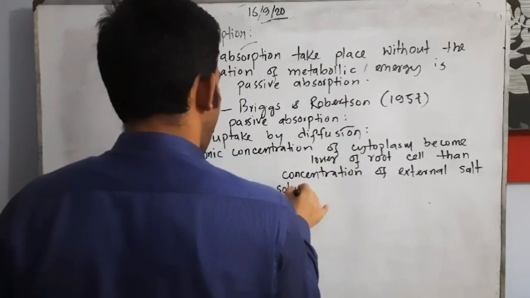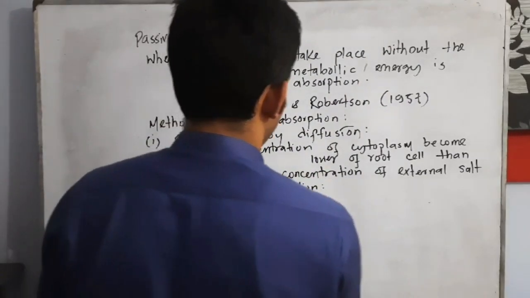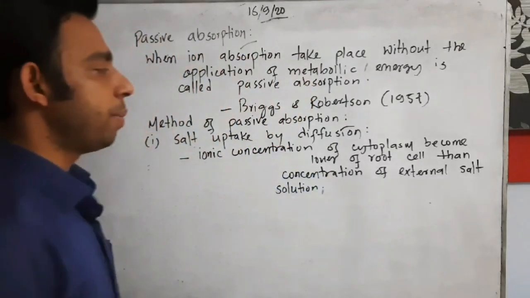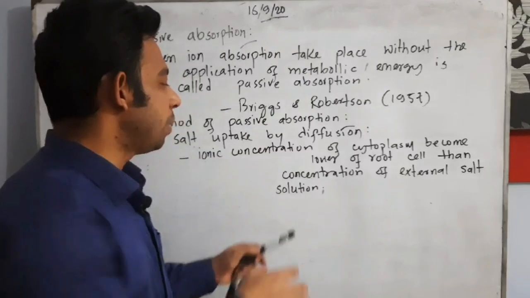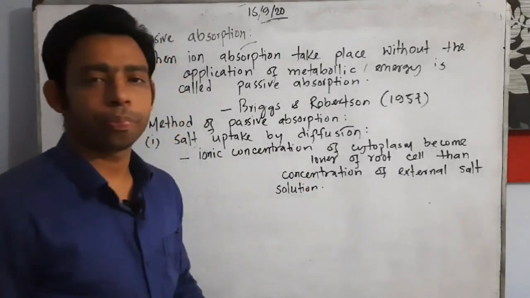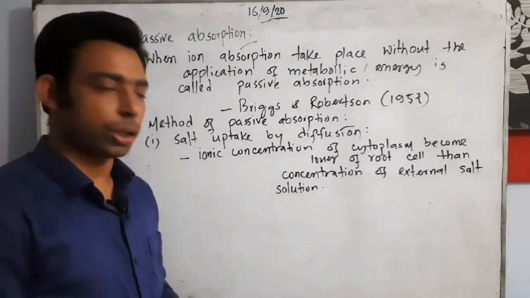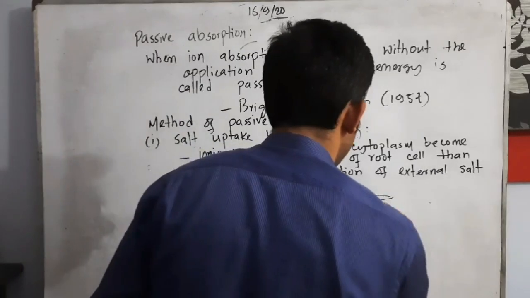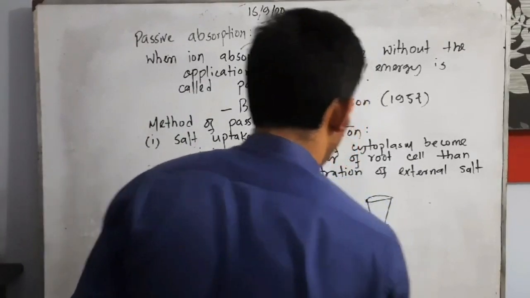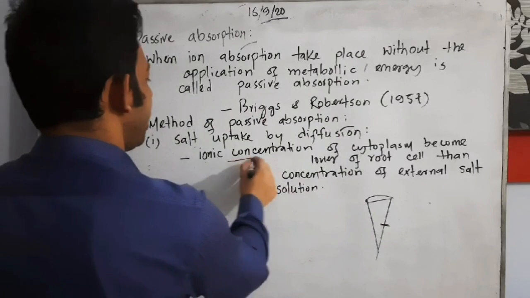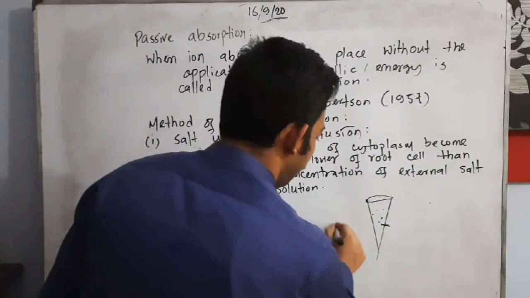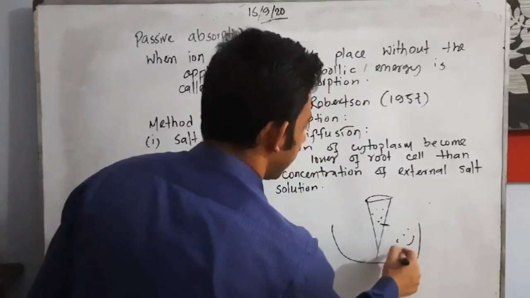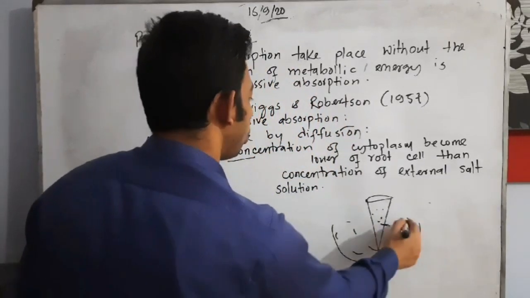So how can we minimize this? This is the question. Now look here. Suppose this is a cell of the root. The ionic concentration of the cytoplasm becomes lower if we compare it with the soil, the salt solution outside of it.